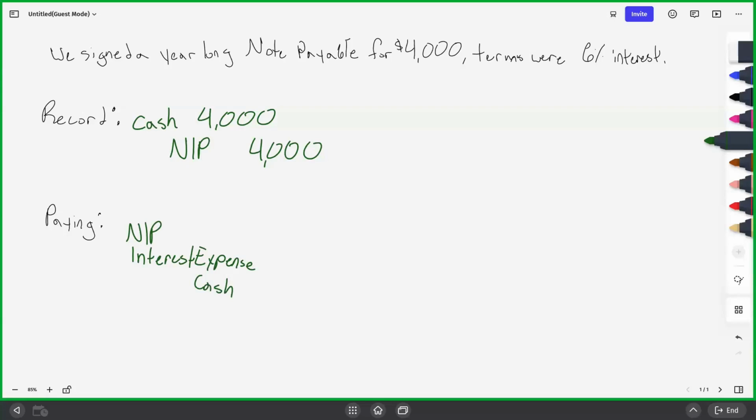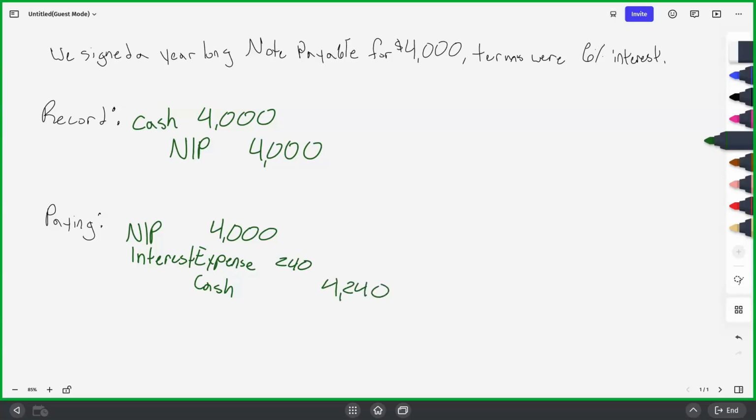Now, what's gonna be the number for these? Because they're not gonna be 1,000 for the notes payable. 4,000 notes payable, 240 for the interest expense, and then 4,240 for cash. Perfect.